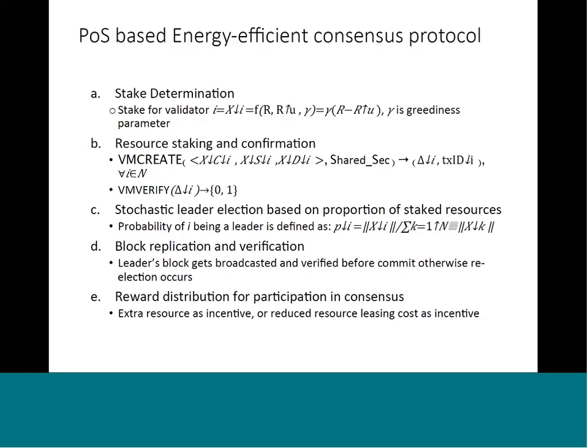I don't have all the details of the process, but this work has been done a number of times in the past. So we used a timing-based voting approach that was proposed in one of the earlier works to make sure that the leader is selected based on a probability distribution. That probability distribution is a function, but it's a random-based timer approach, based on the stake proportion in the system.